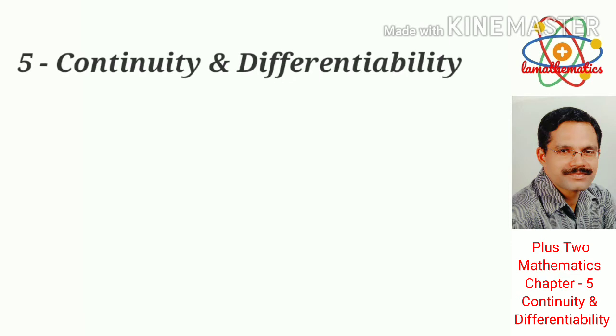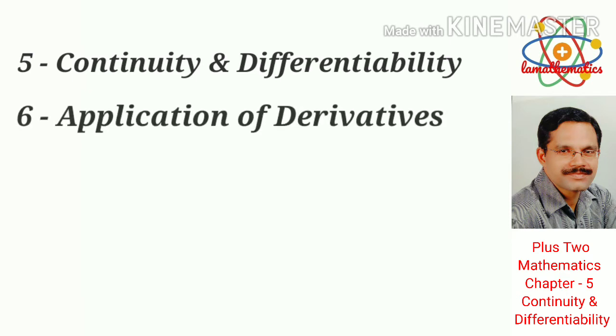In class 12, that is plus 2 mathematics, we have 5 chapters in this branch. Chapter 5, Continuity and Differentiability. Next, its application, that is chapter 6, Application of Differentiation.